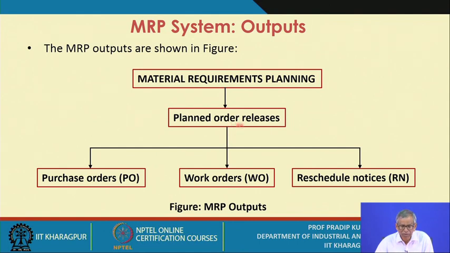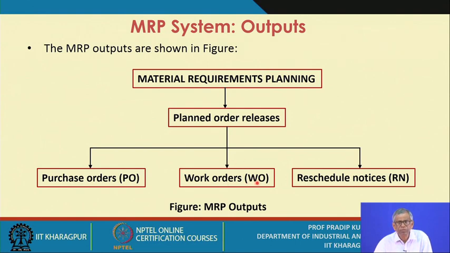Now these planned order releases can be of three types. First one is the purchase orders. That means how many units you are going to get from the suppliers, which you need to procure from outside, and that's why you need to raise a purchase order.